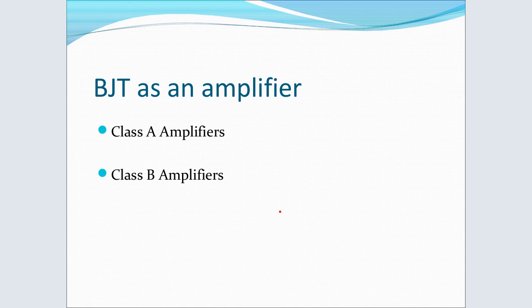That is when it is being used as an amplifier. In the amplification process, we expect that any incoming input goes out stronger if you're talking about signals, or bigger if you're talking about current, and so on.